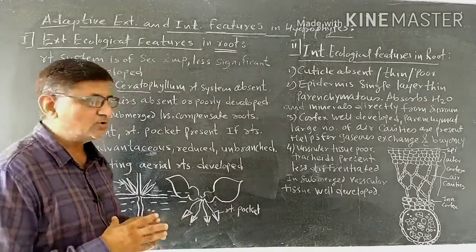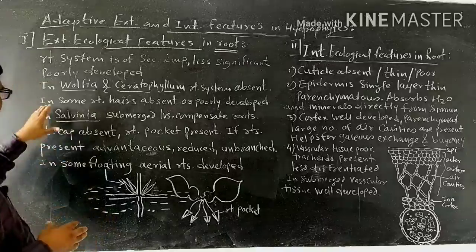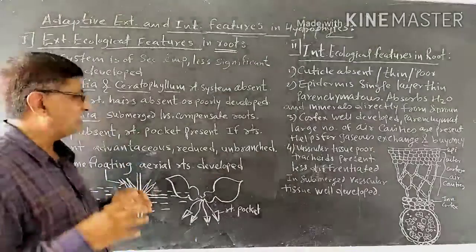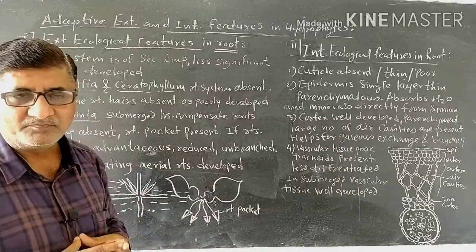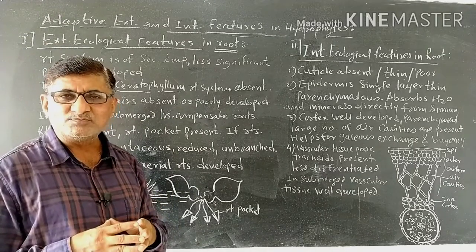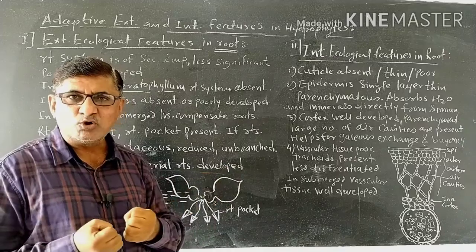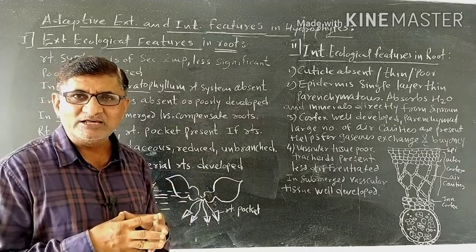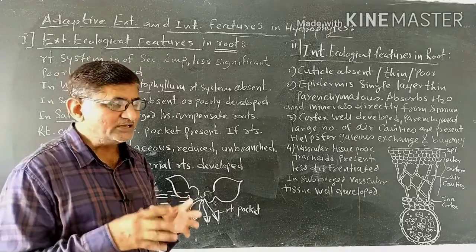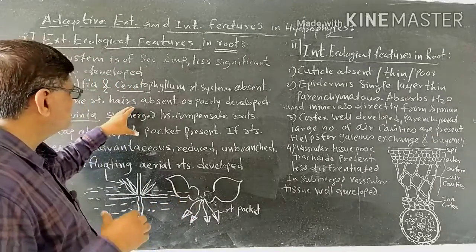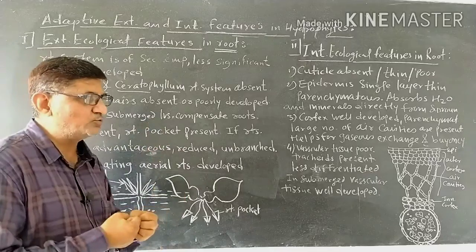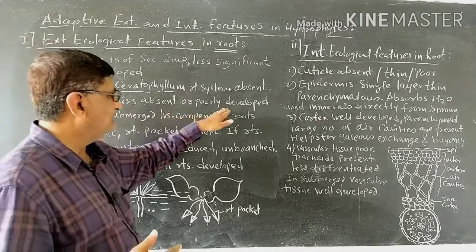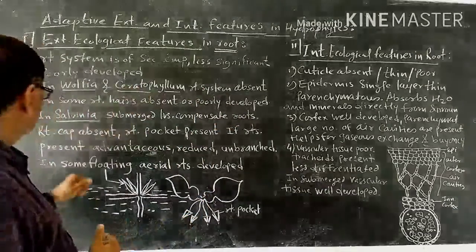So there is no root system. In some hydrophytes even the root hairs are absent or poorly developed. The root hairs have the function to absorb water from the surroundings and bring it up to the epidermis of the root. Here in hydrophytes the root hairs are absent because they don't have to bring water up to the epidermis of the root, or they might be poorly developed.